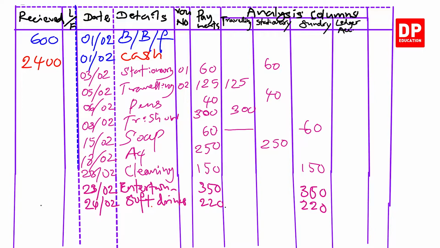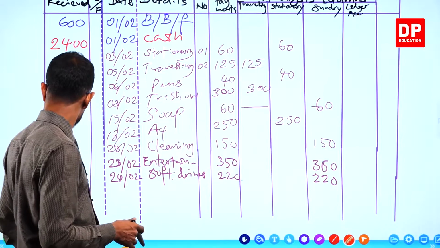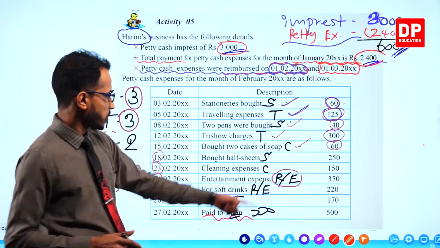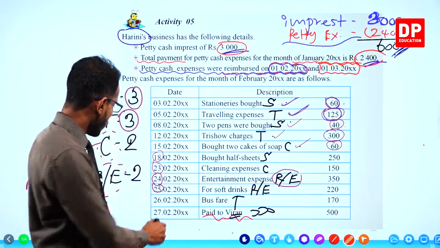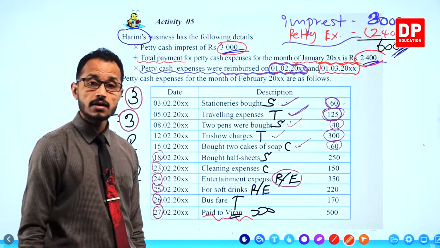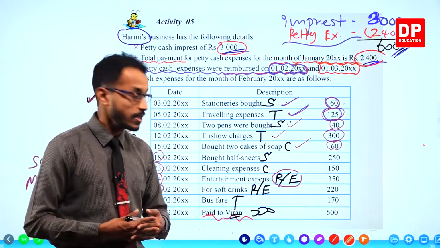Yeah, I think we are done. Let's check. Soft drinks also we recorded. No, we have two more. Bus fare and paid to Viran. There is a guy's name, somebody's name.